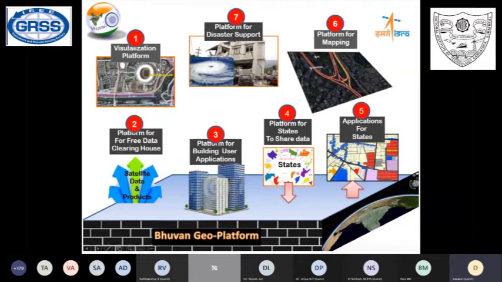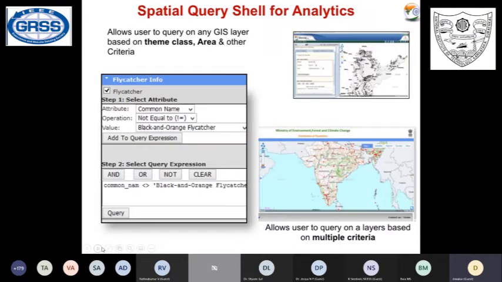So we have visualization platform, we have a lot of free data clearinghouse, a lot of free data can be downloaded here. Then, of course, it is housed in a very unique data center. It is a unique platform for disaster management, which I will be talking about. It shares a lot of data on all the states in the country, and it has wide varieties of application capabilities.